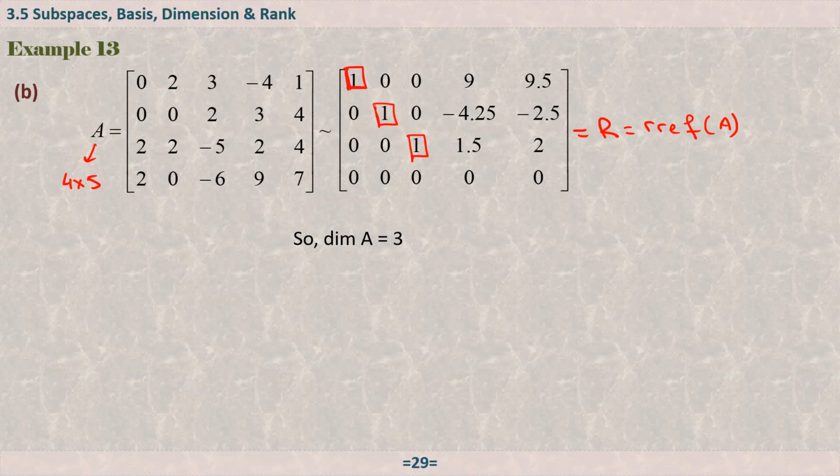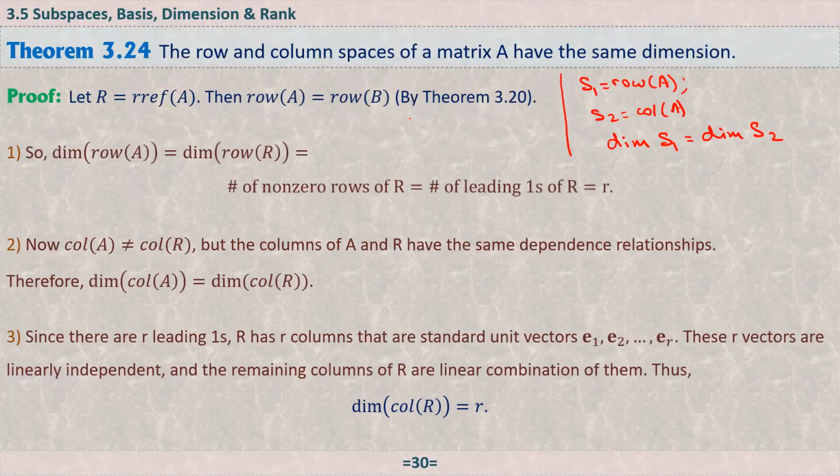Here we have 3 leading ones, and that's why the dimension of this matrix is 3. So the dimension of the row space of R is just the number of non-zero rows of R. That means the number of leading ones of R, right? Let's just denote this number by r.